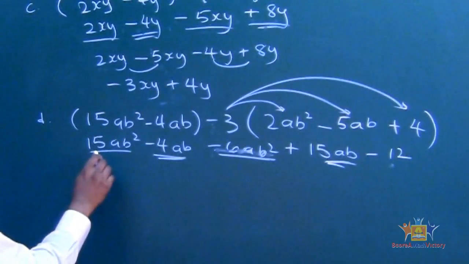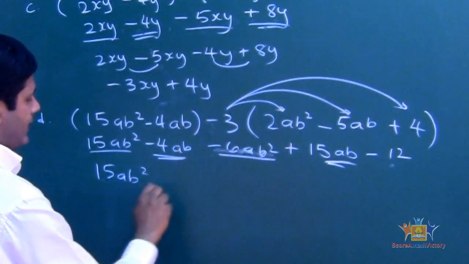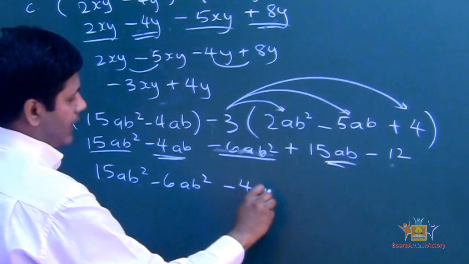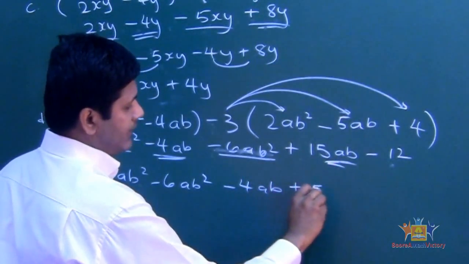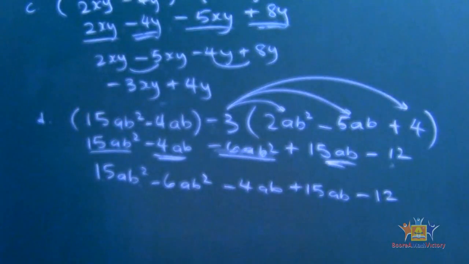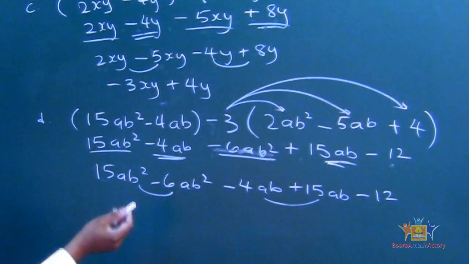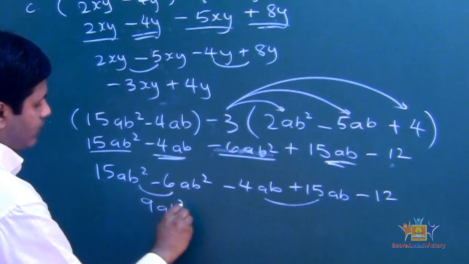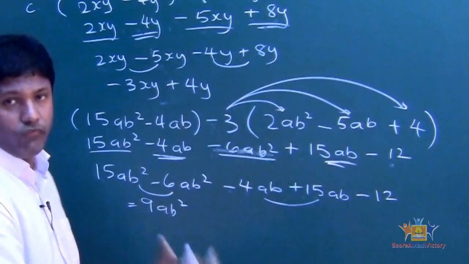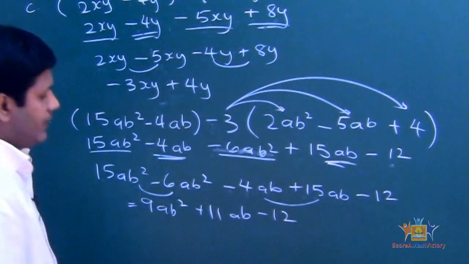So let's group them: negative 6ab squared, negative 4ab plus 15ab, and this one by itself, just put it at the end. Now we can combine these two. 15 minus 6 is 9ab squared. Negative 4 plus 15 means 15 minus 4, which is positive 11ab, minus 12 right there.